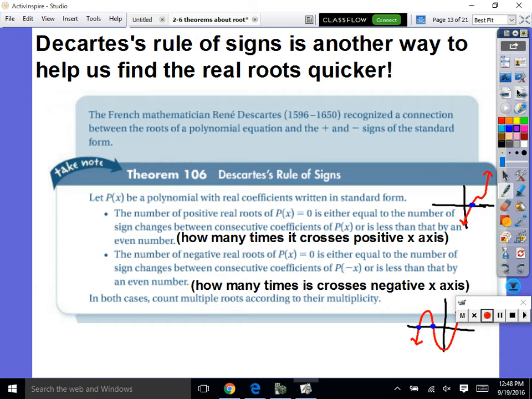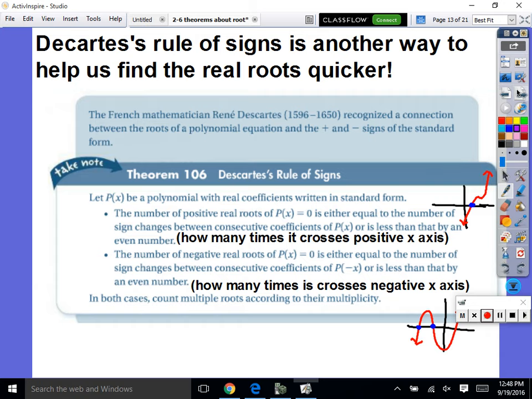What she noticed was, if you have a polynomial with real coefficients in standard form, the number of positive real roots is either equal to the number of sign changes between consecutive coefficients, or is less than that by an even number. So basically, guys, if you look at the coefficients in front of the variable, you count how many times the signs change from positive to negative and negative to positive.